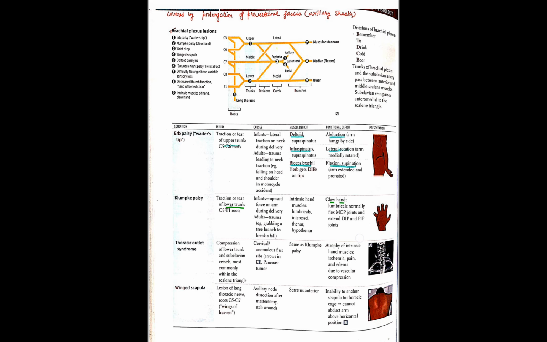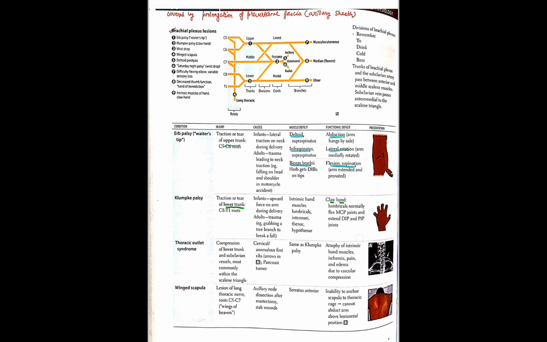Infraspinatus, meaning lateral rotation, will be gone, so the arm will be medially rotated. Biceps brachii, so flexion and supination will be gone, so the arm will be extended and pronated. So it will be like the waiter's tip position, like the waiter is asking for a tip. The arm will be adducted, medially rotated, extended and pronated. And which muscles are gone? Deltoid, infraspinatus and biceps brachii, the DIB muscles.